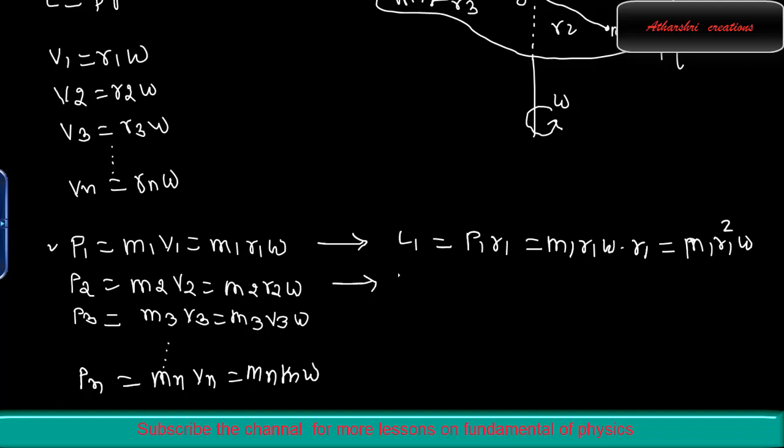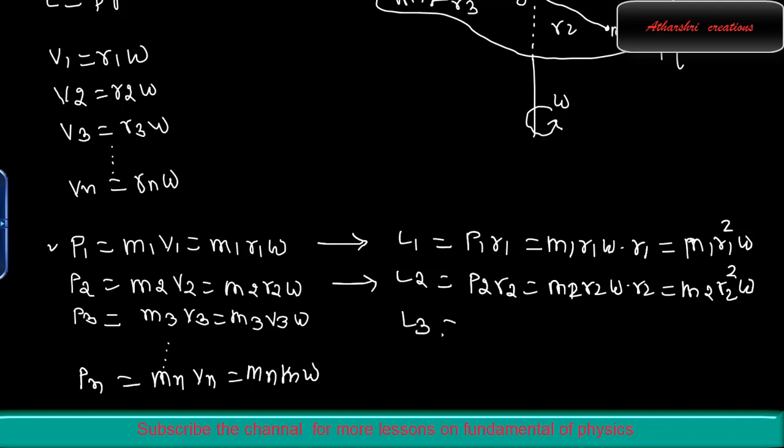Similarly, angular momentum of the second particle L2 is equal to P2 into R2, which is equal to M2 R2 into omega into R2, which is equal to M2 R2 square omega. Similarly, L3 is equal to M3 R3 square omega, and so on. Ln is equal to Mn Rn square into omega.